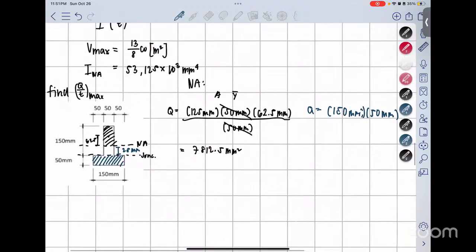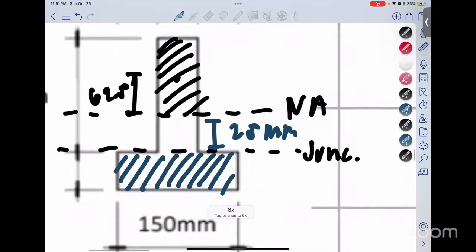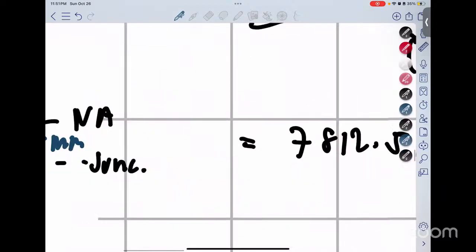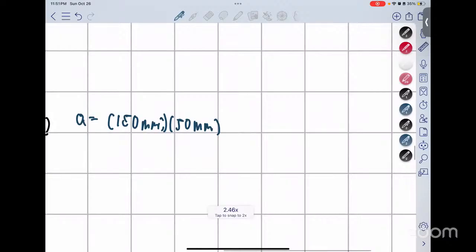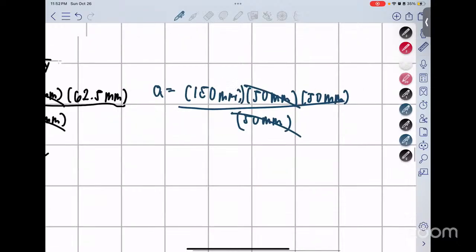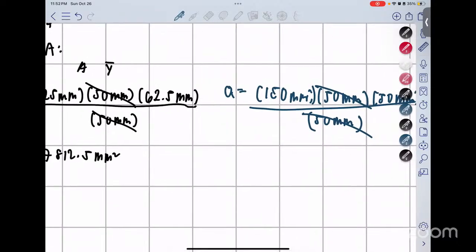Ay, distance of the centroid, guys. Meaning hindi siya 25 lang. Plus the centroid, 25. Plus 25, so 50. Over 50 millimeters. Oh, conveniently cancels ulit. Not sure if that always happens. I don't think so.